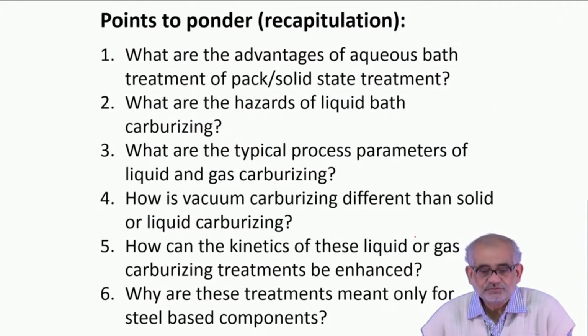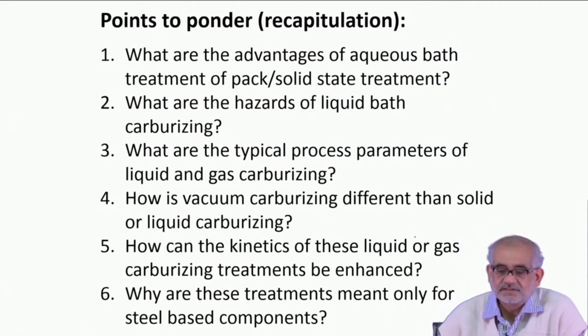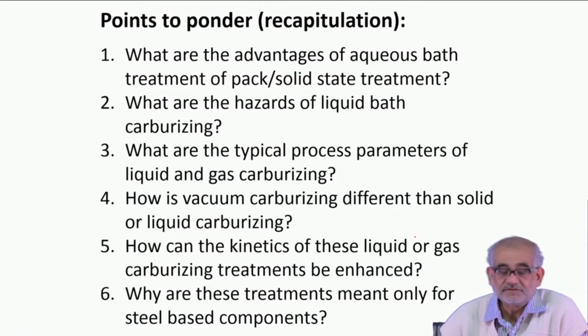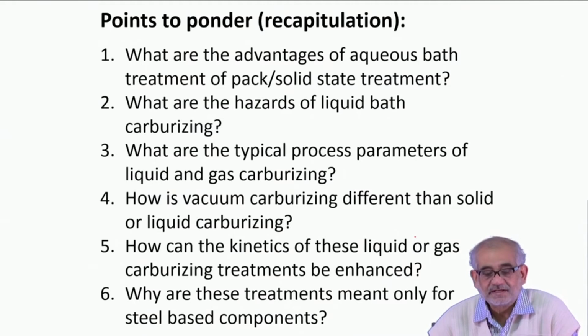So it's time to summarize. So what we have generally discussed here is the relative advantages of the aqueous bath or liquid bath carburizing. Many advantages, including small time required, uniformity of the microstructure and diffusion depth developed, and ease of operation and so on.